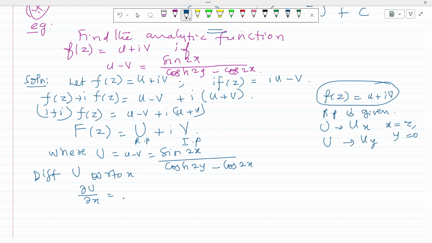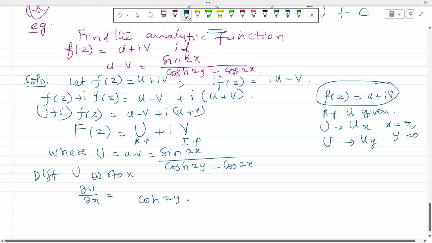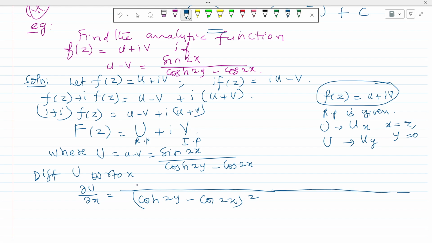So what is ∂U/∂x here? ∂U/∂x is, denominator (cosh 2y minus cos 2x) whole square. What is in the numerator?